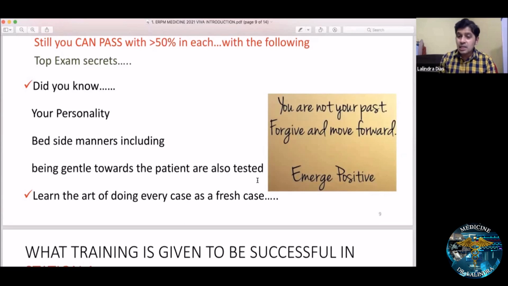Very important. Guys, not that much tested in the final MBBS or the local exam. But guys, in the MRCP exam, if your voice is sort of commanding, and you tell the patient in a commanding tone to take a deep breath, when you want to examine the breath sounds in the respiratory system, the foreign examiner doesn't like that tone.